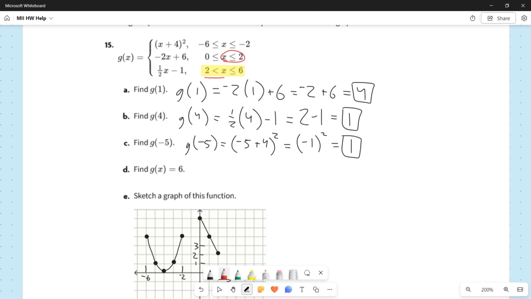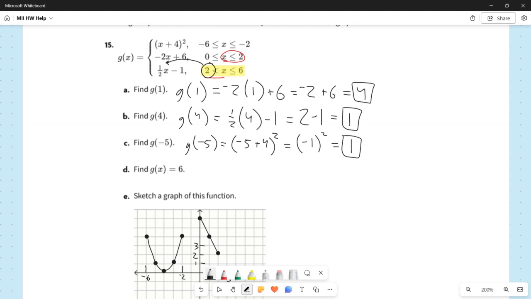However, for the third piece, I actually still think that there's going to be value in bending the rules a little bit. And even though 2 is not included, let's throw it in anyway, because it's going to help us graph this thing, right? So if we take a 2 and we plug it in to the third piece, we get 1/2 times 2, which is 1.